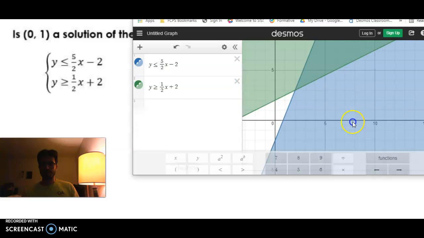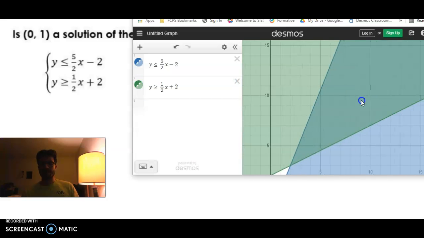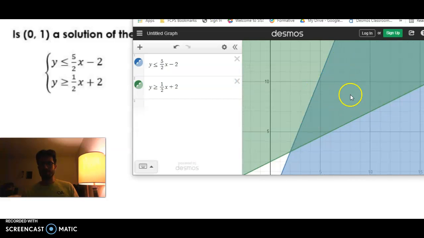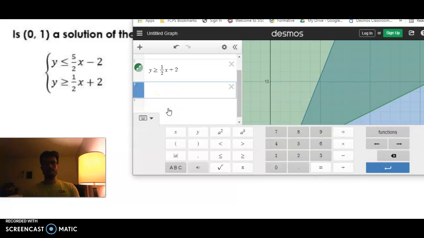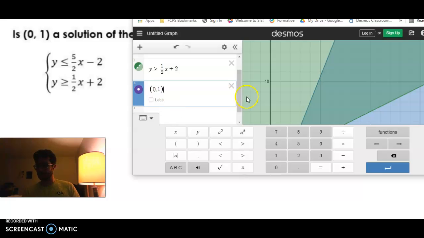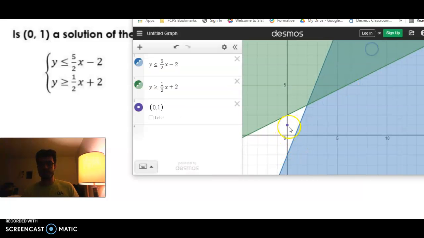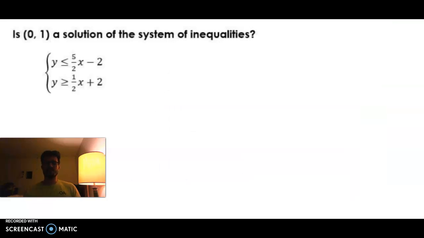Remove my face. Looks like everything here is where the solutions are. It's where the green and the blue overlap. So if I put the point in, let's see where it is. 0, 1 is right there. It's not in the solution set. So therefore we're going to say no. Not a solution.